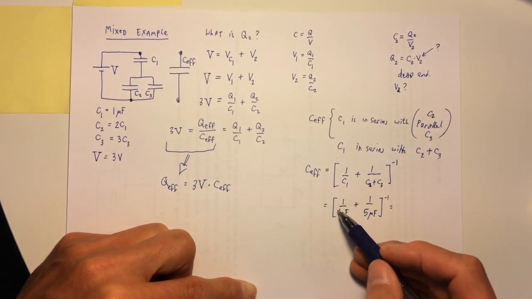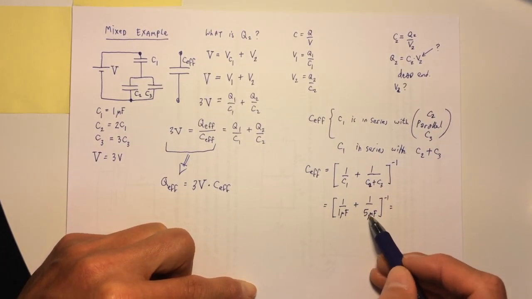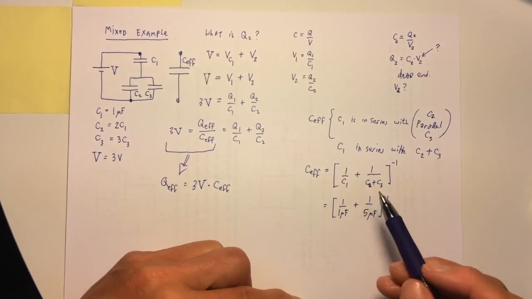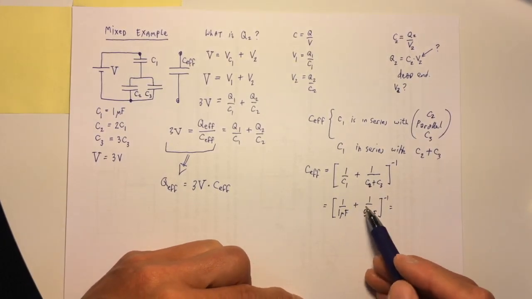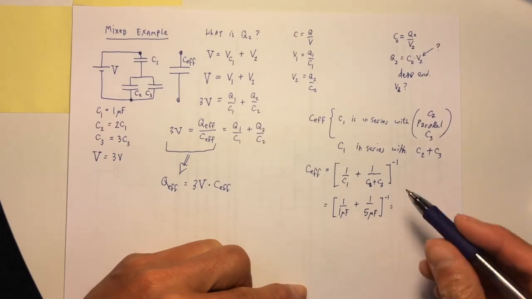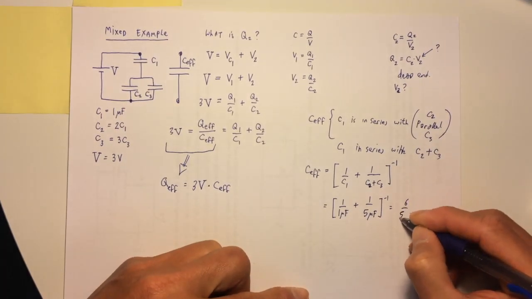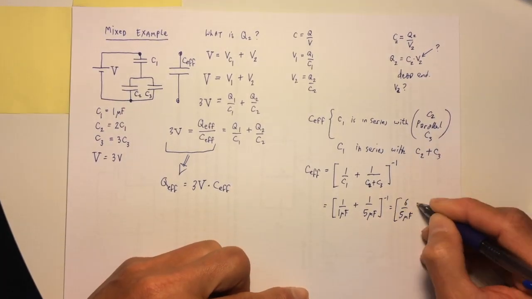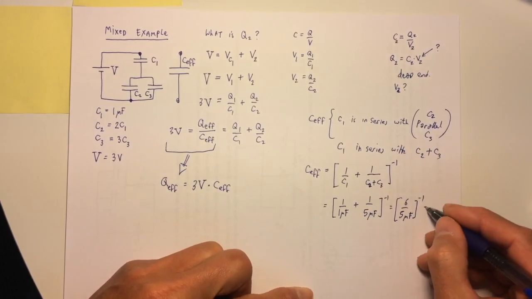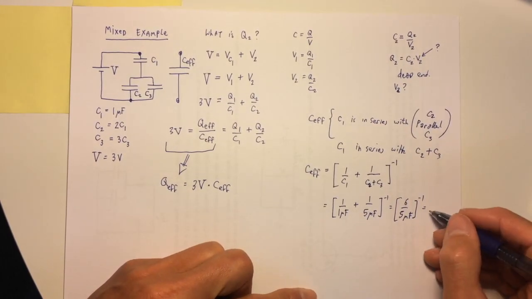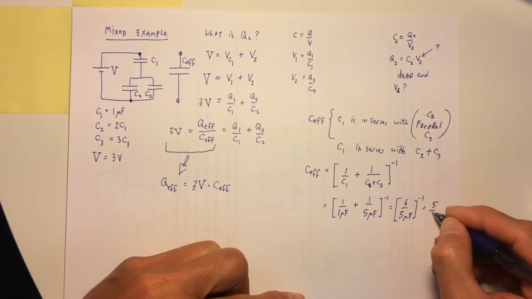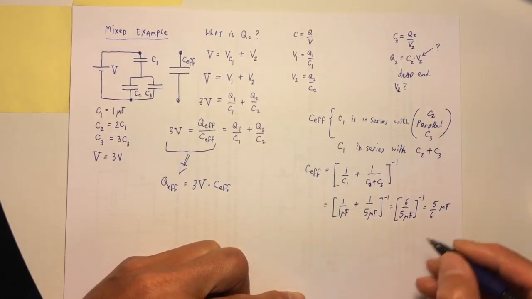If I multiply 5 over 5, I can have common denominators, so I can add the 2 fractions. So 5 over 5 plus 1 over 5 is 6 over 5. And flipping over this ratio is really simple, so it's 5 over 6 microfarads.